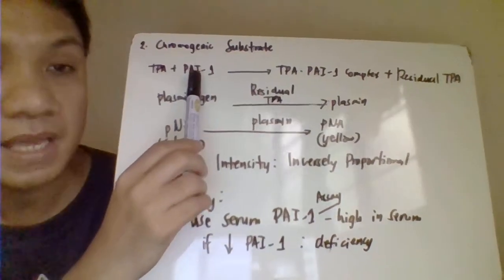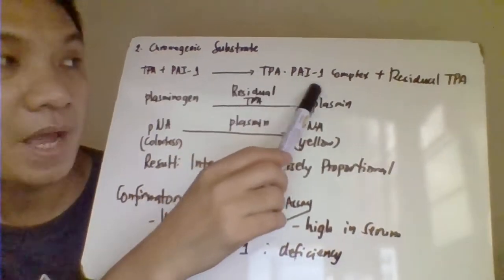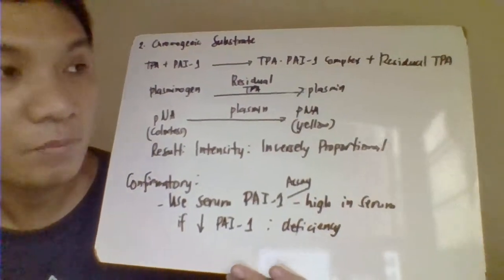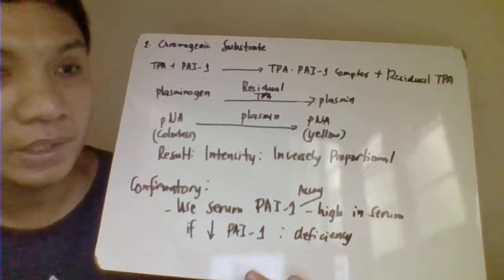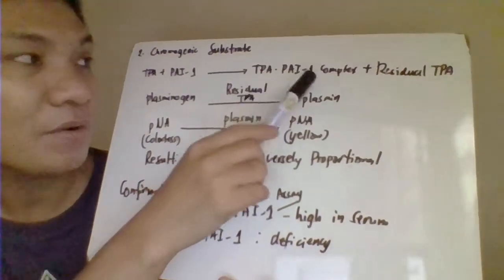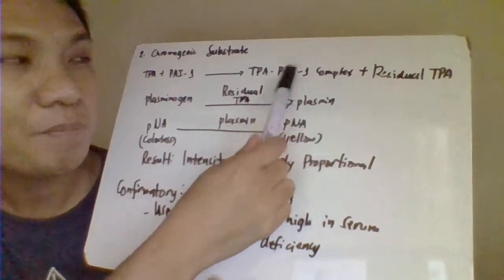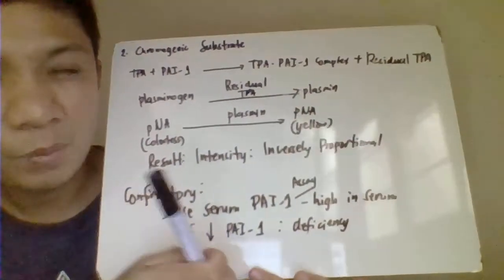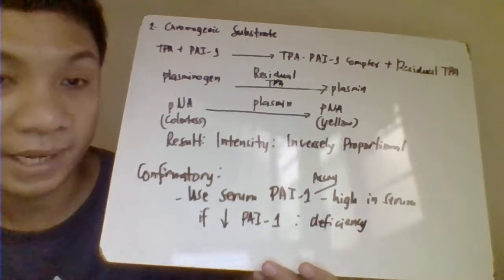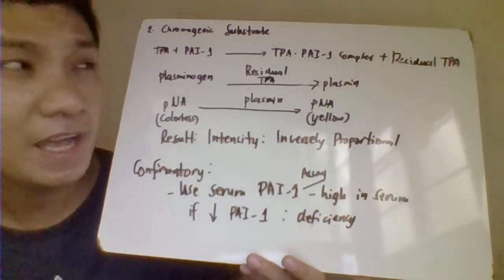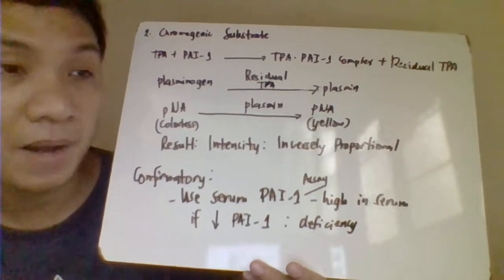Okay, we have your TPA plus your PAI-1 to form TPA-PAI-1 complex. Then we have your residual na TPA. Okay, so it would be highly dependent on kung gaano kadami ang PAI-1 natin. So pag wala kang residual na TPA, meaning to say sobrang dami ng PAI-1. Okay, pag sobrang dami ng residual na TPA, wala kang PAI-1.